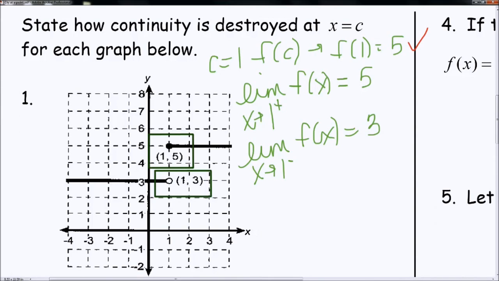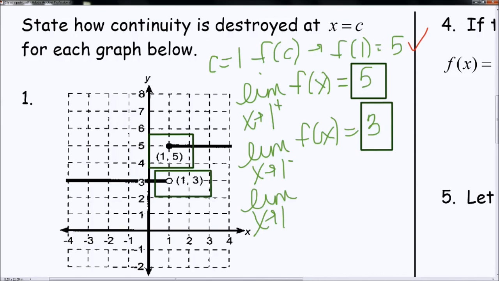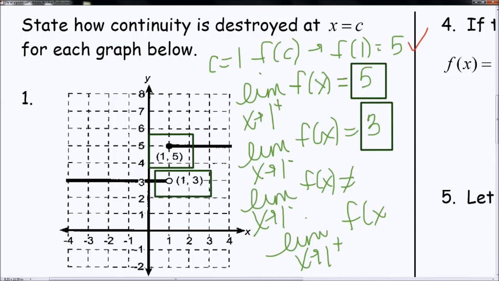We'll have a problem here because my limit is approaching two different values. These two values are not the same. And so my function is discontinuous at x equals 1 because I have a jump. I go from 3 and then I jump up to 5. So the limit as x approaches 1 from the left of f of x does not equal the limit as x approaches 1 from the right of f of x.